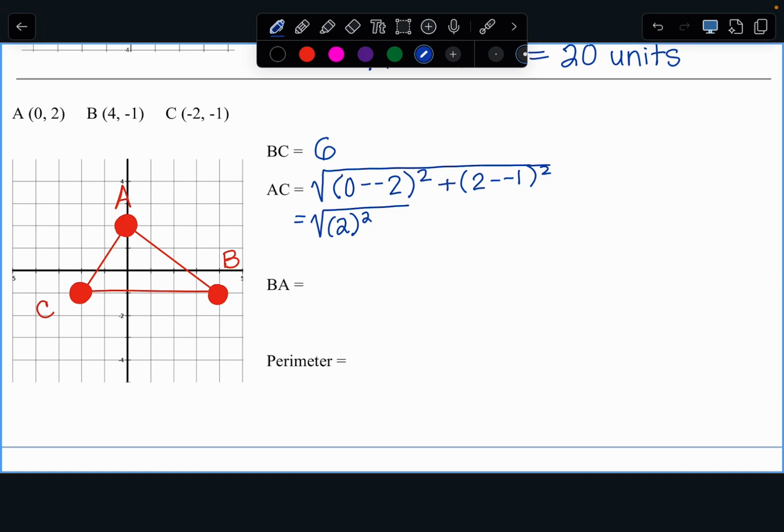Simplifying inside parentheses, we get 2 squared plus 3 squared. Four plus 9. That gives us the square root of 13. Now you can plug that into a calculator and figure out what the square root of 13 is and estimate it, or you can leave it as root 13.